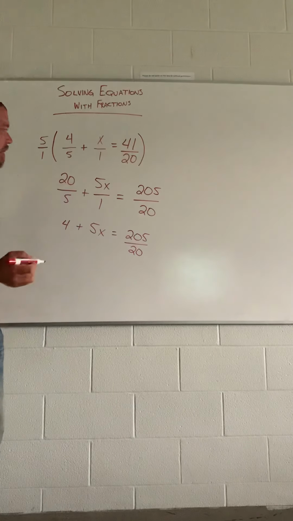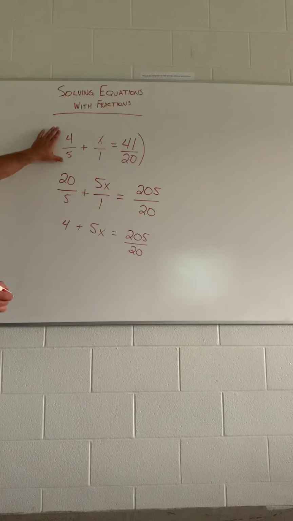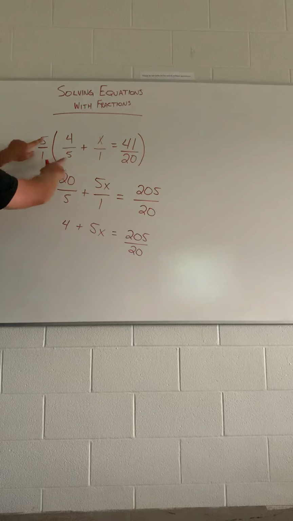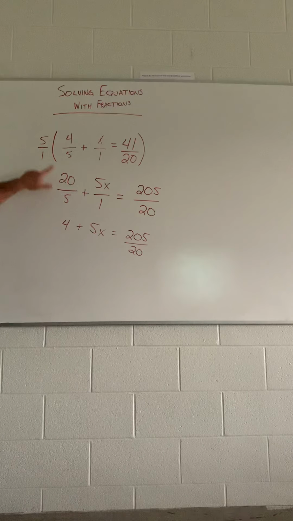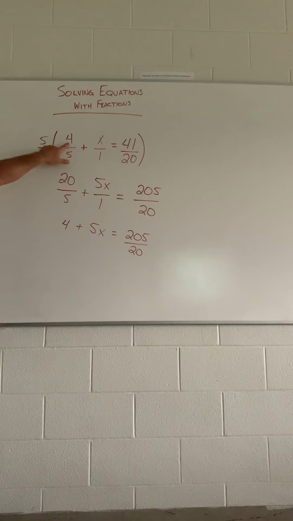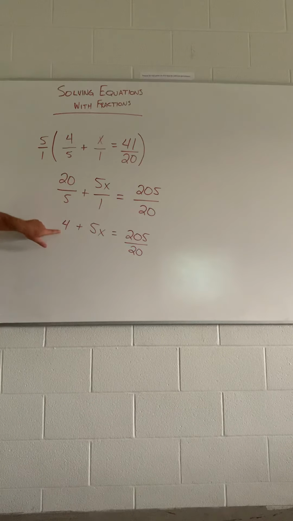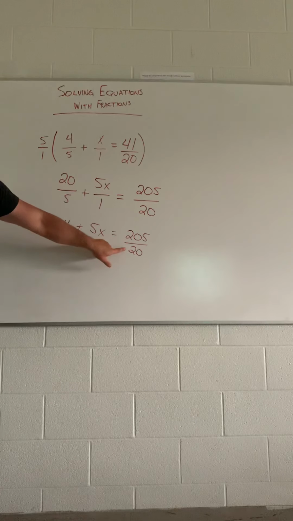Now, let me show you why I pieced this up. If you go back to our original problem, I had 4/5. When I multiplied everything by 5, notice those two just canceled, and I was left with just 4. So 5 times 4 divided by 5 is just going to give me 4. So the same concept will apply to this.